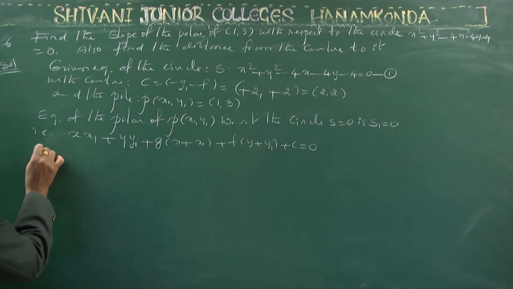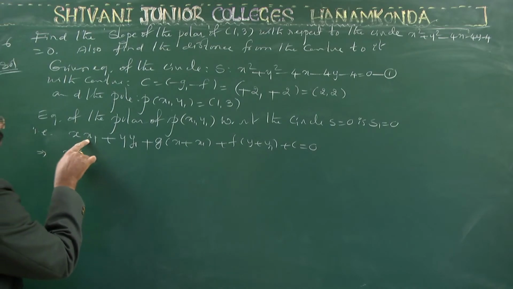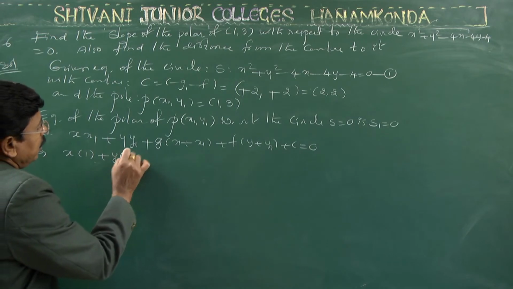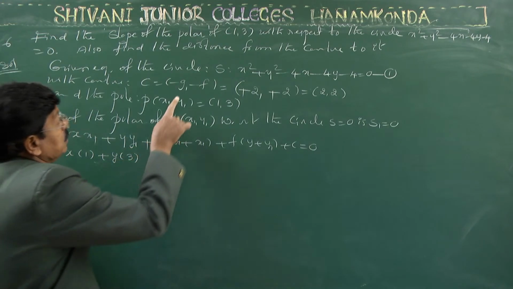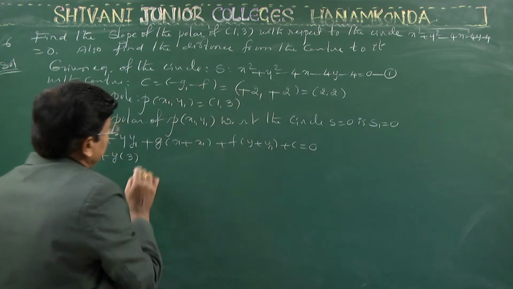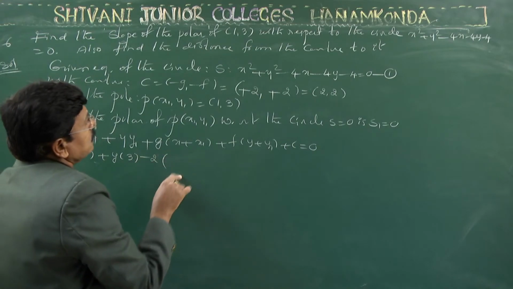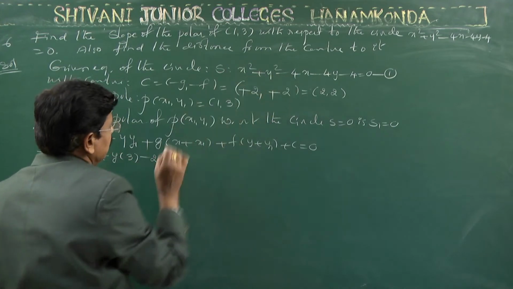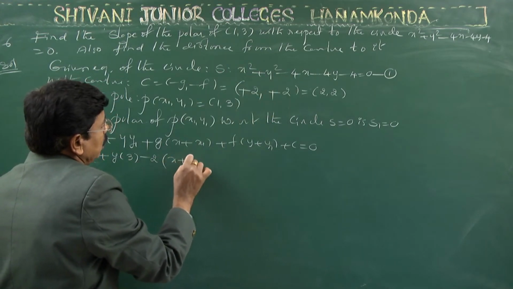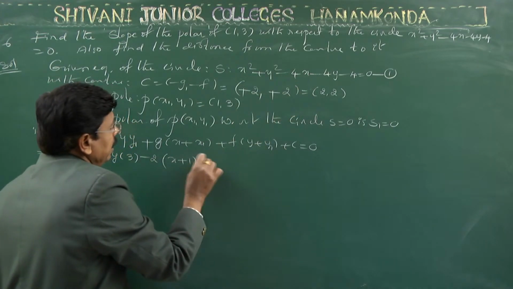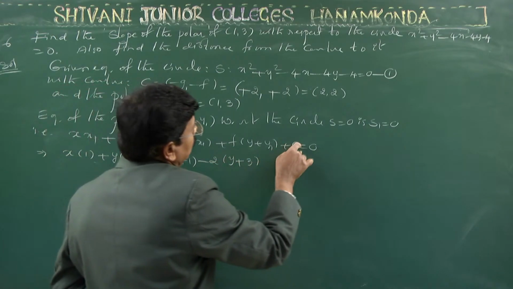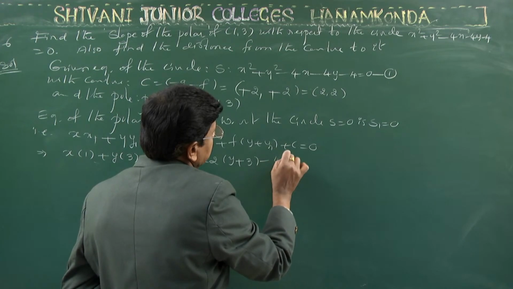Now you can substitute the corresponding values. x1 is 1, y1 is 3. What about g? g is equal to minus 2. Simply remember the same sign: x plus 1, same sign, minus 2 of (y plus 3). The constant term is the same as it is. That's all.